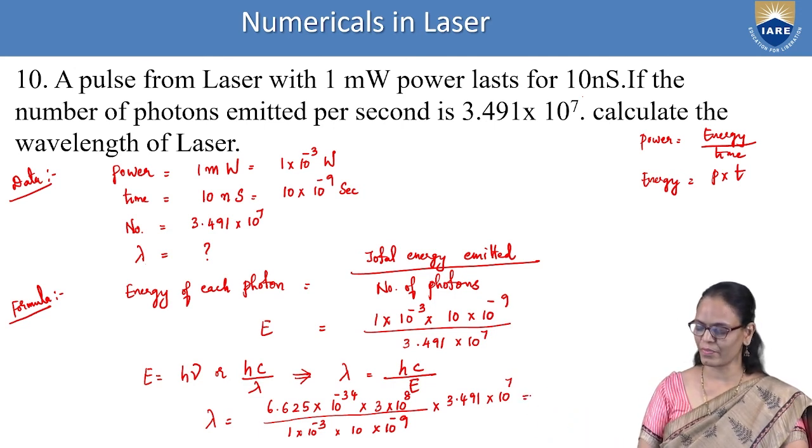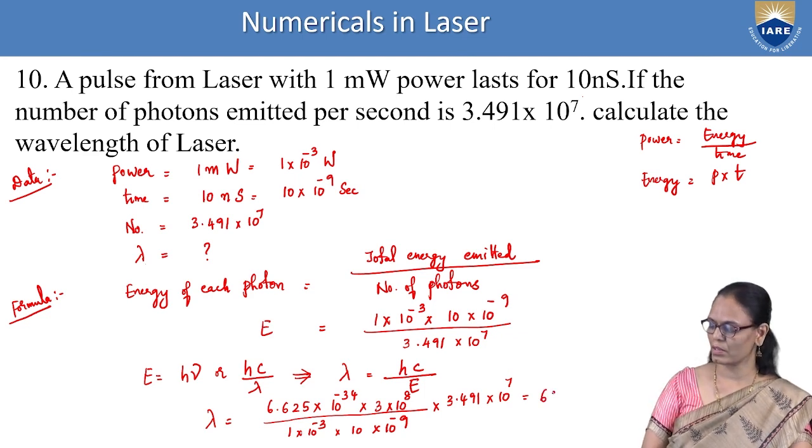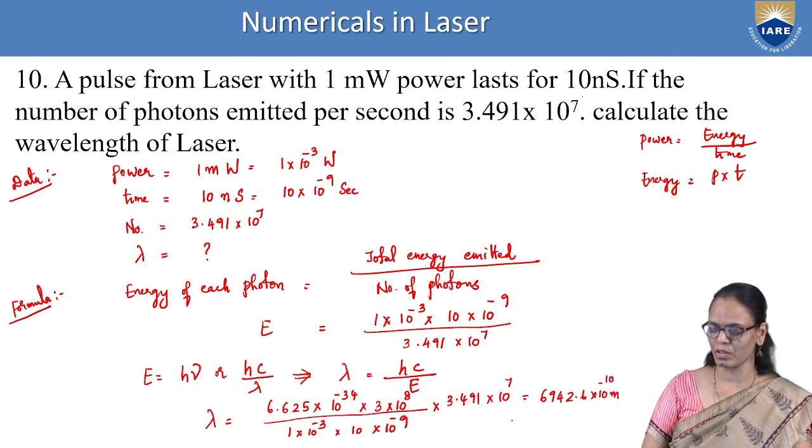So that gives us the wavelength as 6942.6 into 10 power minus 10 meter, or you can simply write it as approximately 6943 angstrom.